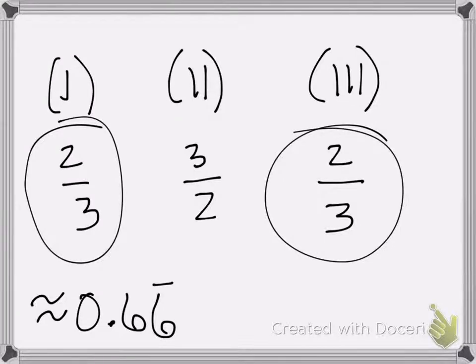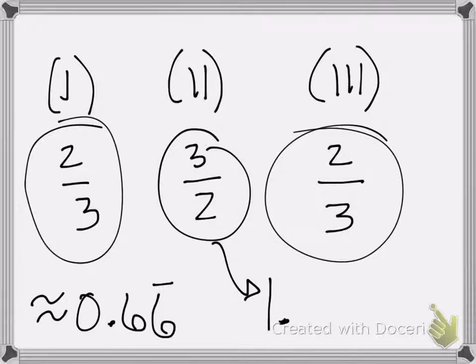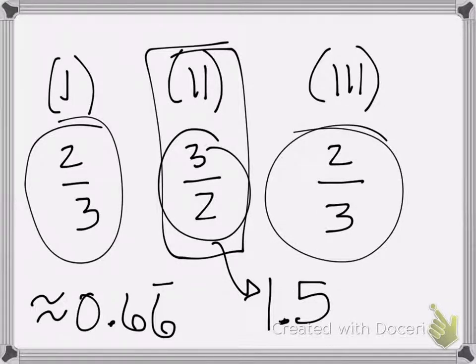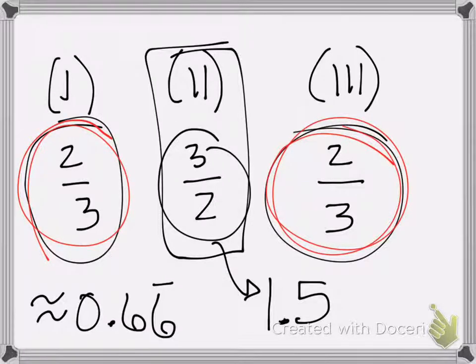Those ones are actually the same, and then that 3/2 in the middle is just 1.5. So function 2 is your greatest. And then for part B, do either of them have the same rate of change? Yeah, of course. I'll just put them here in red. Numbers 1 and 3 both have that same rate of change. So that would be your answers for number 1.